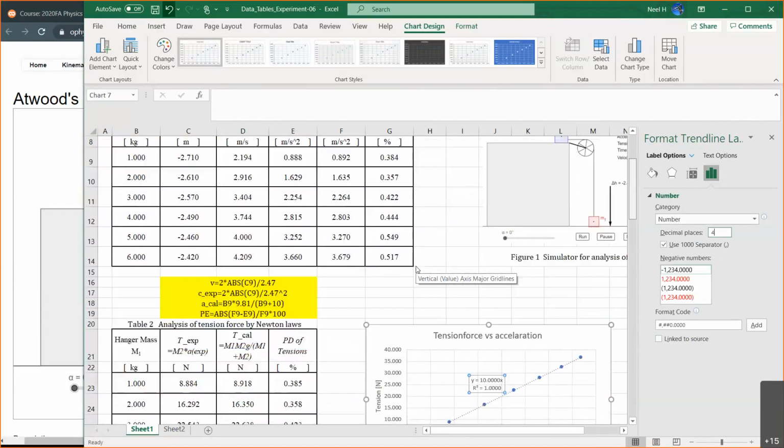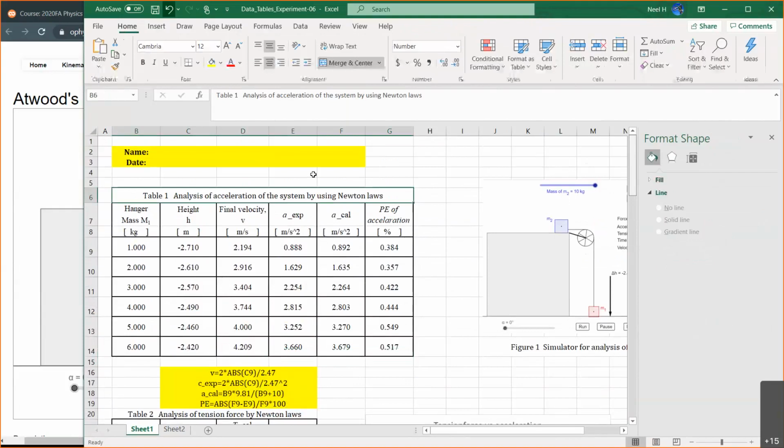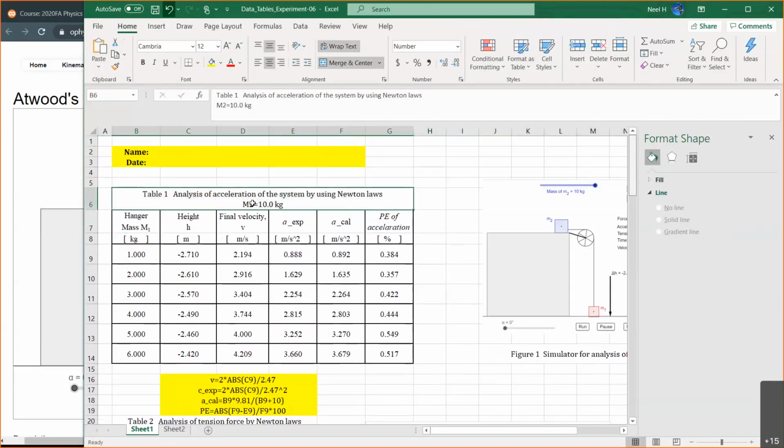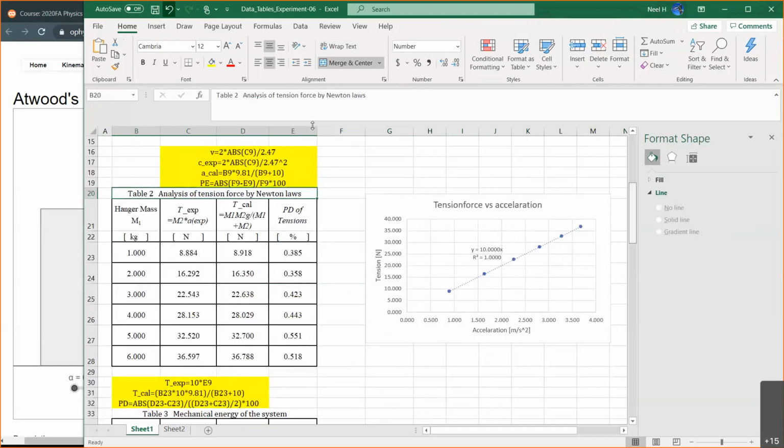So since the mass of the cart is constant, you may add those numbers into the table. That will be good for you when you do the discussion. The M2 we keep at 10.0 kilogram. You can add it into the very top of the table, so that is useful when you do the discussion section. Okay, M2 is about 10.0 kilogram.